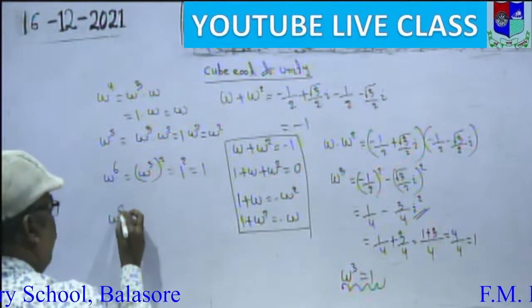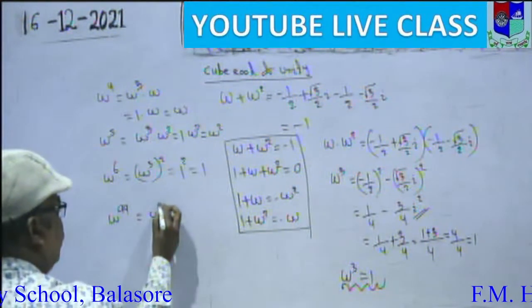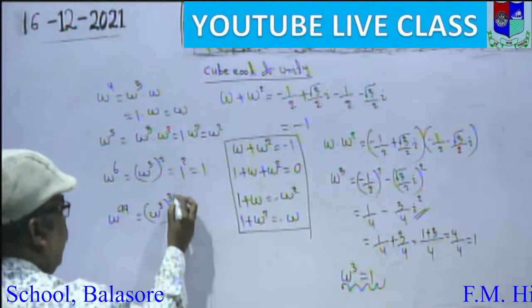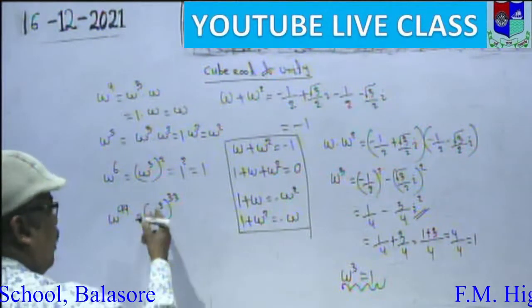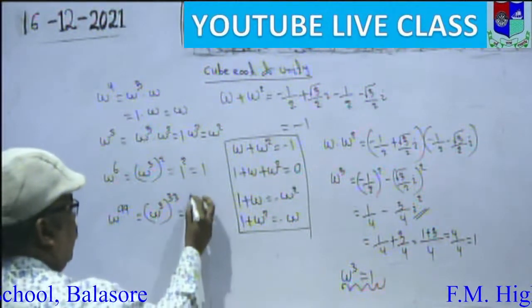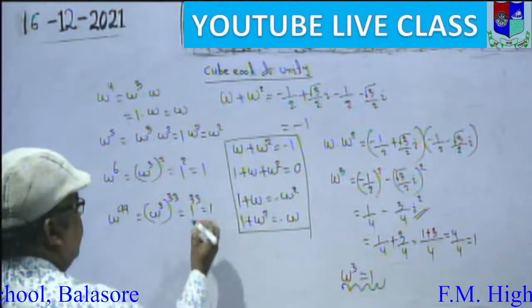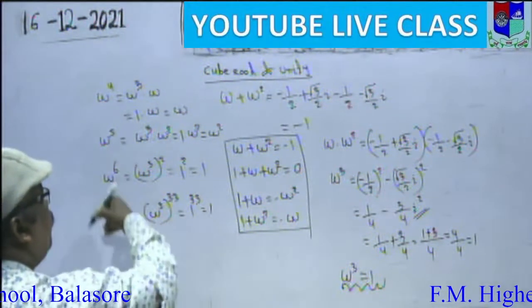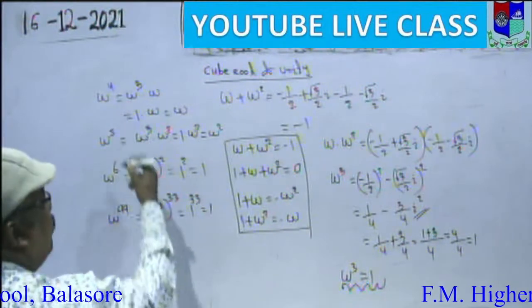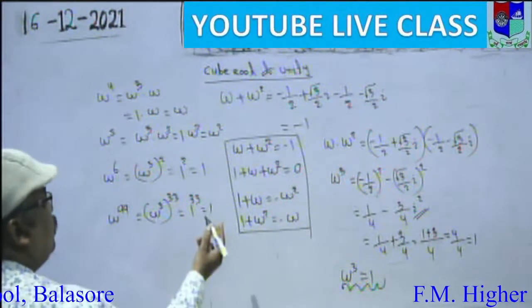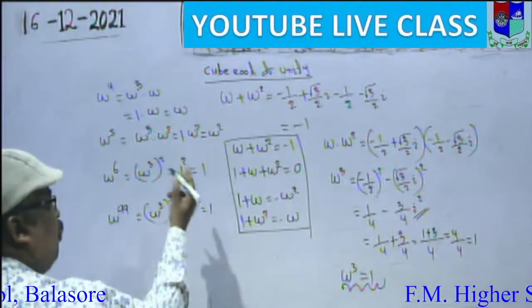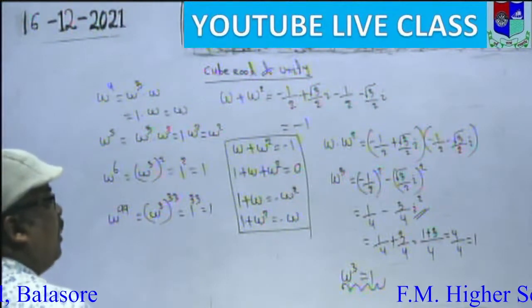Like this, omega to the power 99, suppose, one can write omega cube to the power 33, that is also 1 to the power 33, which means 1. Like this we can find different powers of omega, which will be either 1, omega or omega square.